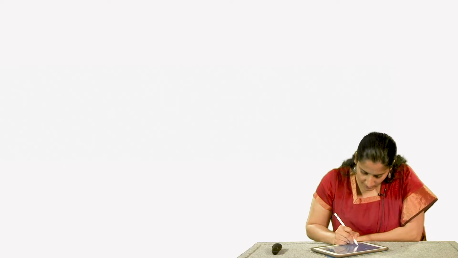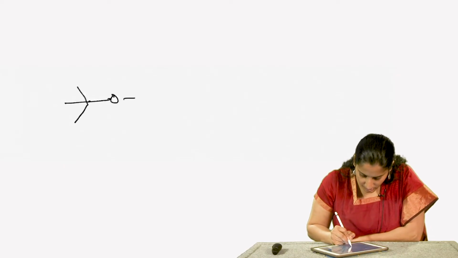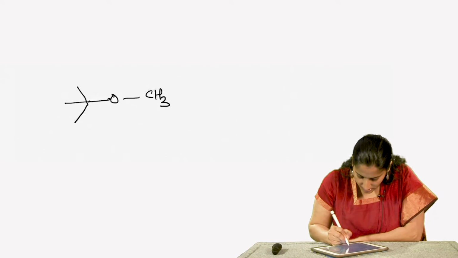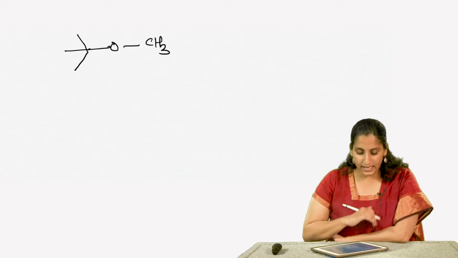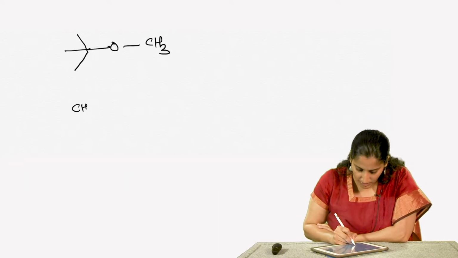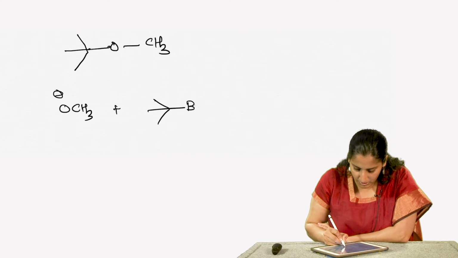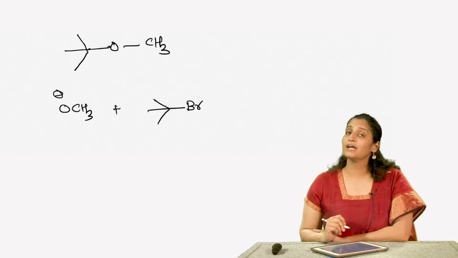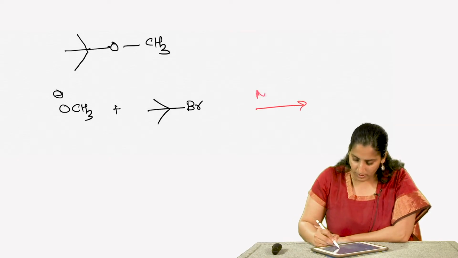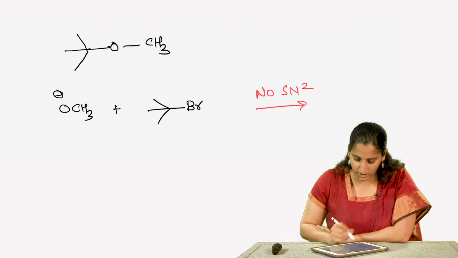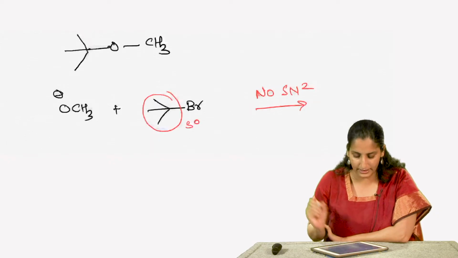So, for example, if my aim is to make tertiary butyl methyl ether, then I cannot start with methoxide and attack it on tertiary butyl bromide, because this kind of reaction mechanism will fail. This will not do an SN2 reaction, right, because this is a tertiary alkyl halide.